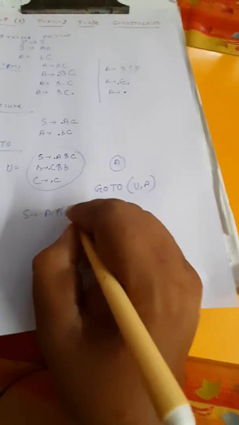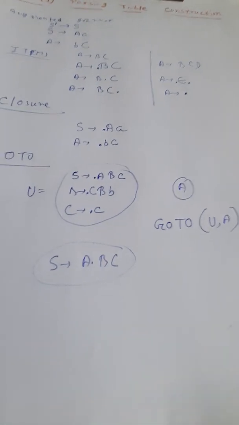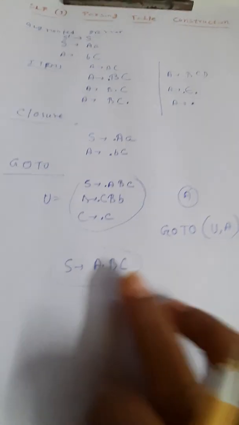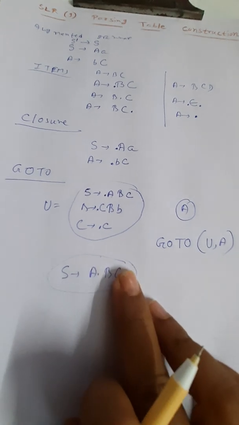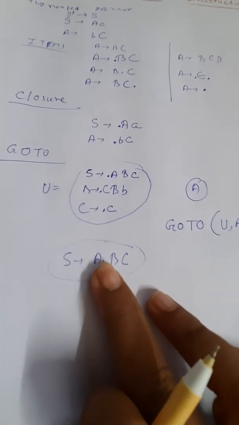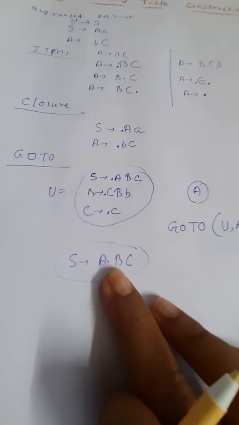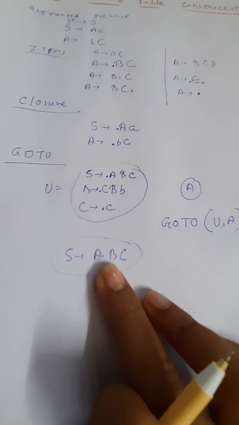Now this is your rule, and you have to find the closure of this rule. In closure, obviously this initial rule would be there. Next I will look at who is following the dot: B. Is there any rule where B is producing something? Yes, there is, so I will add that rule with the dot.